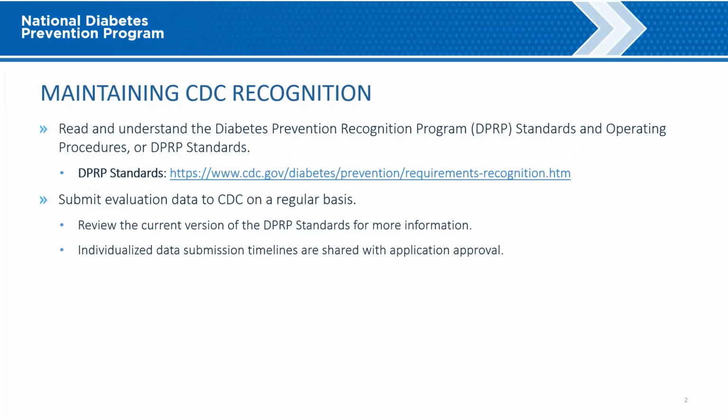Once an organization understands the requirements listed in the DPRP standards, staff must submit evaluation data for their program to CDC on a regular basis. The current version of the DPRP standards clearly outlines submission timelines, and each organization's individualized timeline is set when its application is approved.